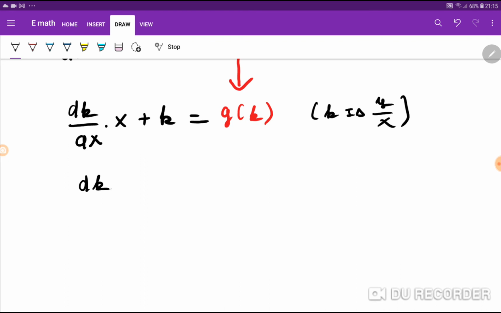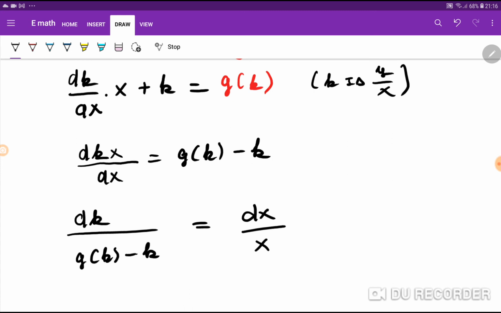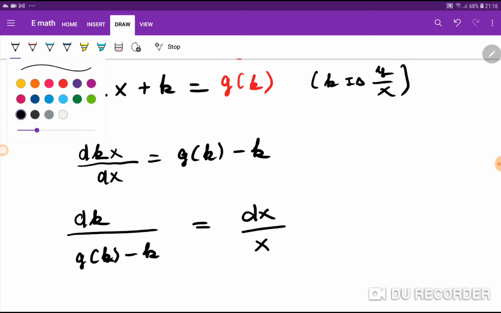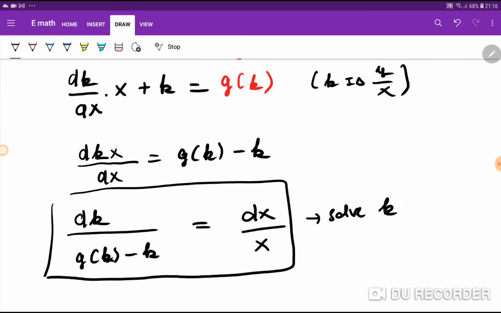So dk over dx times x equals g(k) minus k. I'm going to clean it a little bit, so dk over g(k) minus k equals dx over x. Okay, and then you solve for k in terms of x.